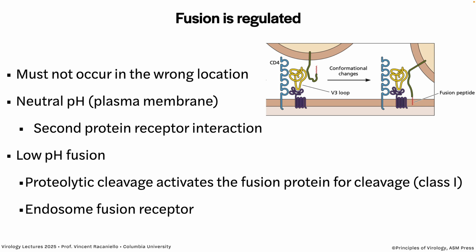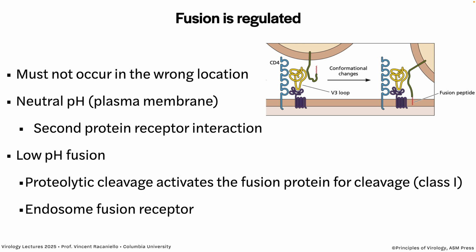We also have low pH mediated fusion, where we have virus taken up into an endosome. The pH drops, and that changes the conformation of the glycoprotein exposure to the fusion receptor. There has to be cleavage of the glycoprotein in order for that fusion peptide to be exposed. And I told you about that for influenza virus, for example. For SARS-CoV-2, the cleavage can happen at the cell surface.